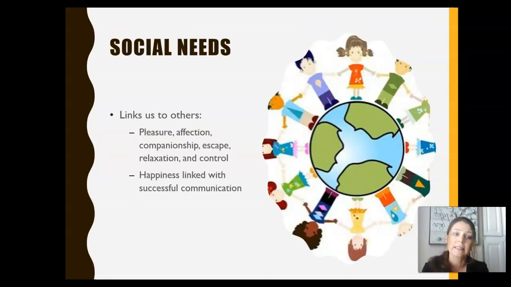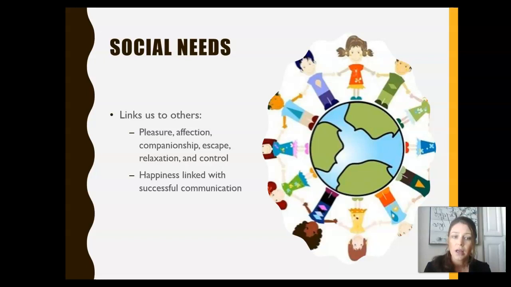So social needs link us to others so that we can build a social network. These relationships are critical because we are social beings. And more importantly, developing healthy social relationships are critical to mental and, of course, physical health, like we've discussed.